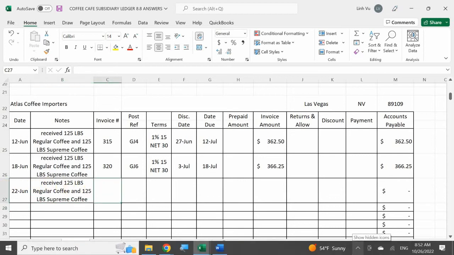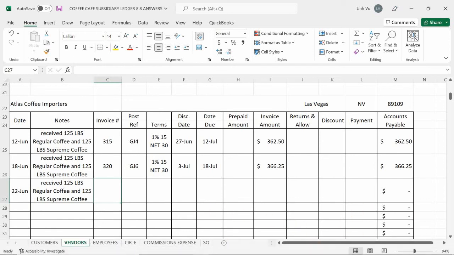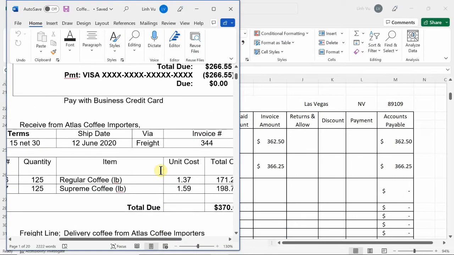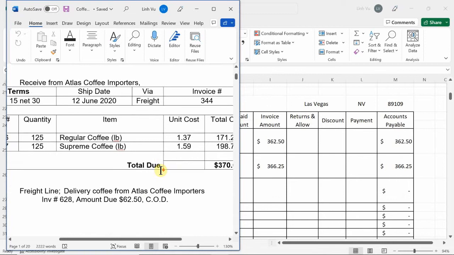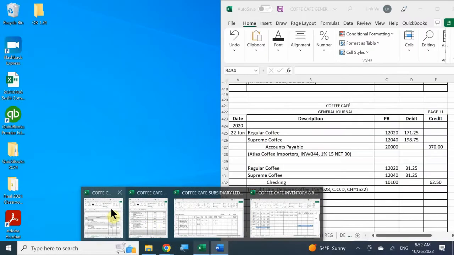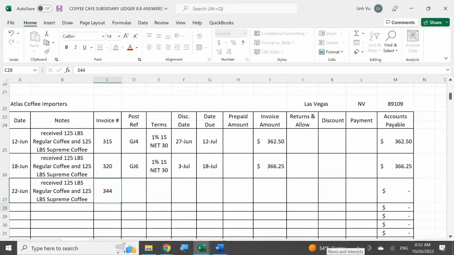Invoice number is 344. The reference would be Journal 11. And the terms would be 1%, 15, net 30.